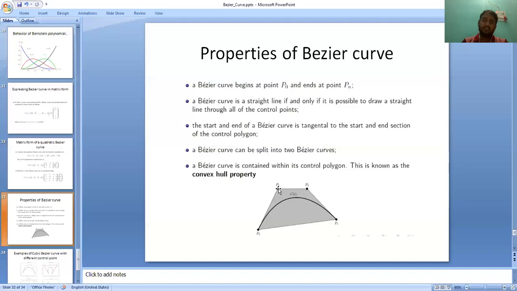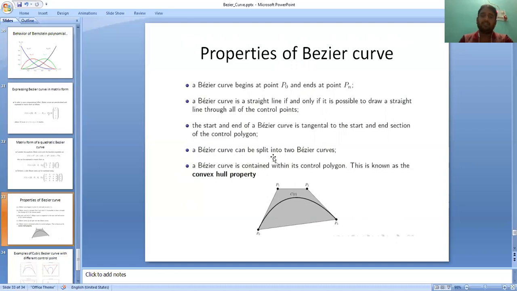When we calculate the gradient of P0 and P1 and find the slope of the curve at P0, both will be equal. So this is nothing but the tangent, and when we differentiate this, you will always get the same value.